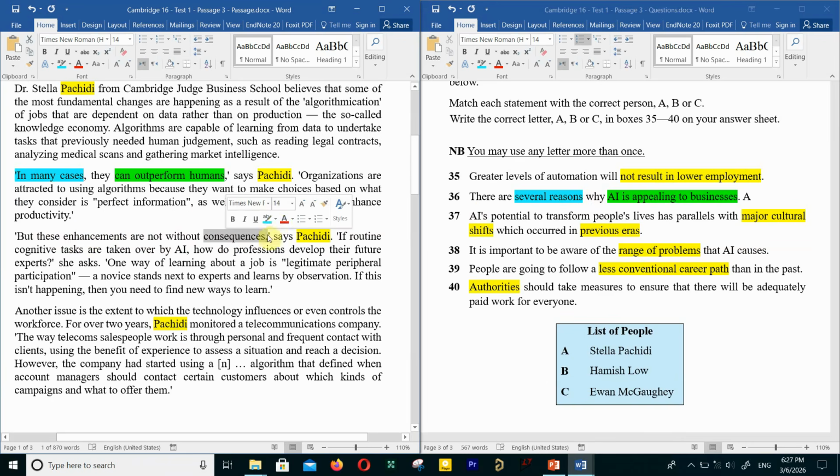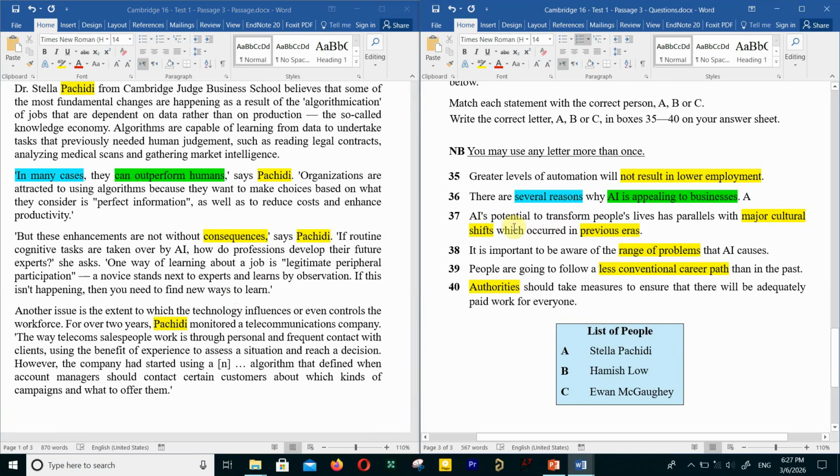Consequences is really important, one of the keywords talking about problems. Yes, here it is important to be aware of the range of problems that AI causes. Range of problems that AI causes is the consequences. So here again Pachidi, and it is again A for 38.